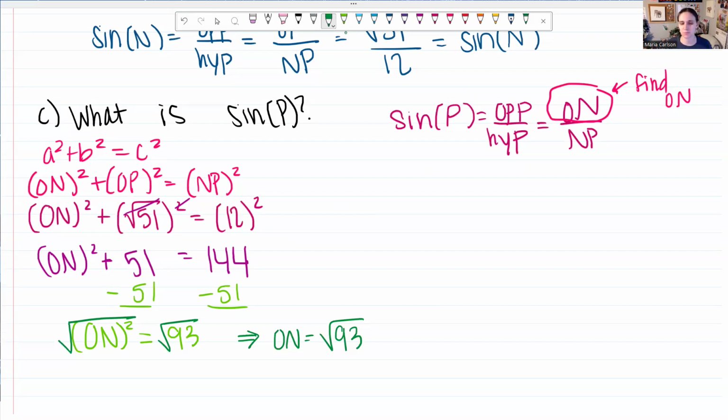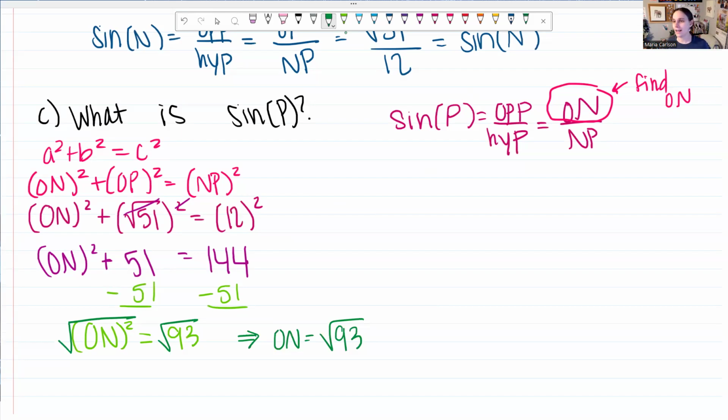I'm going to start testing some perfect squares. Is 93 divisible by 4? Because 2 squared is 4, and it's not. Is 93 divisible by 9? Unfortunately not. Is 93 divisible by 16? No. As I test bigger and bigger numbers, is 93 divisible by 25?